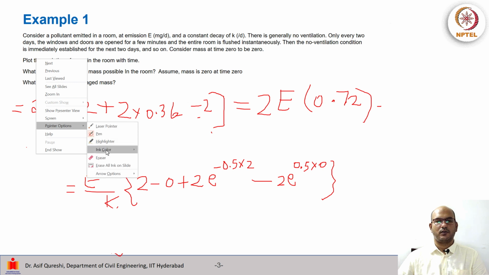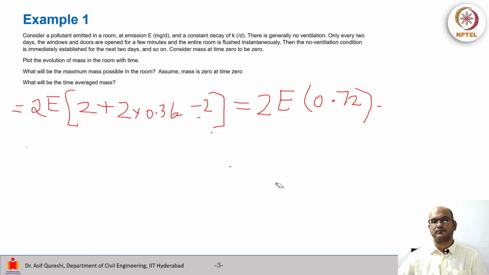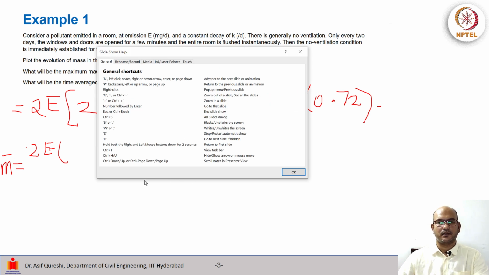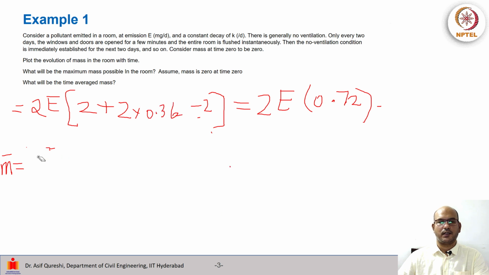So now the time averaged mass will be 2e multiplied by, I will write the whole algebra first.